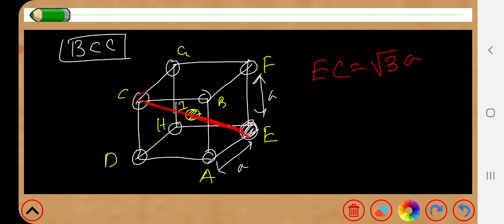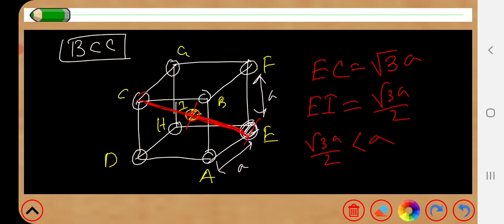So what is the E to I distance? Since the I atom is at the middle of C and E, EI is equal to root 3 a by 2, and root 3 a by 2 is less than a. So right now this A atom or F atom or H atom are not the nearest neighbors of E atom, but I atom is the nearest neighbor of the E atom.